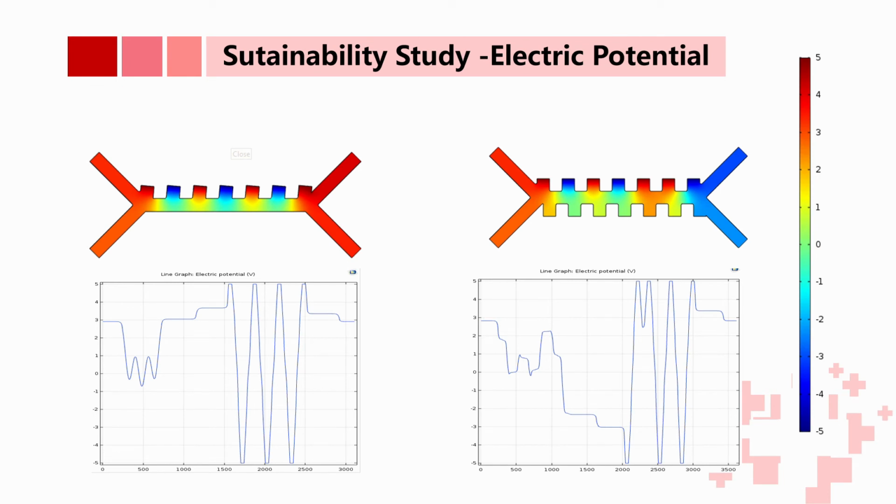So we tried to understand the sustainability of both devices. For the first parameter, we took the electric potential. We wanted to see the distribution of it. It was seen that both the designs had almost similar electric potential distribution, since we provided 10 volts peak to peak for this study, except for the fact that at the outlets for design 2, the polarity is different from design 1.